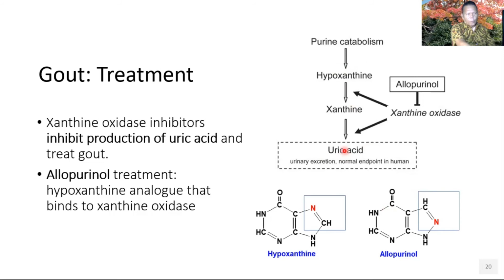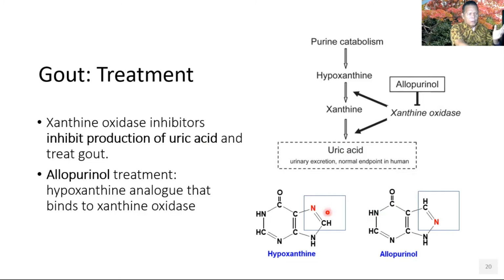Then in discussing this, we should go back to what we have discussed before. Xanthine oxidase inhibitors inhibit production of uric acid, and allopurinol treatment is a hypoxanthine analog that binds to xanthine oxidase. Now let's see the structure of these two molecules that can be used to treat a metabolic disorder.